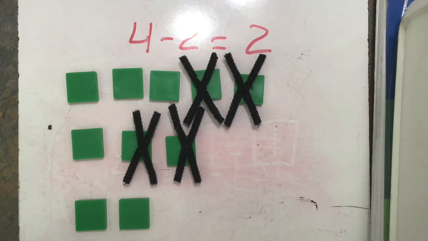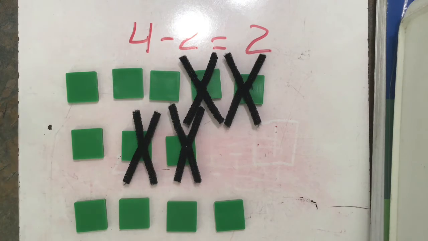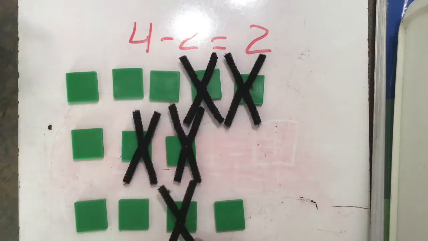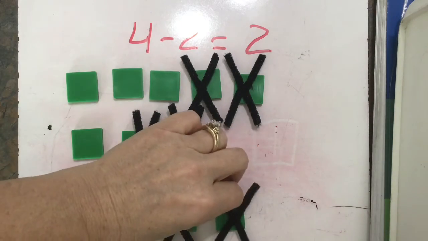Let's see. Here's some more. I'm looking for another green one. When I'm in class and I use different colored objects, it really bothers the kids when I don't have them all the same color. Okay, now there's another green one.